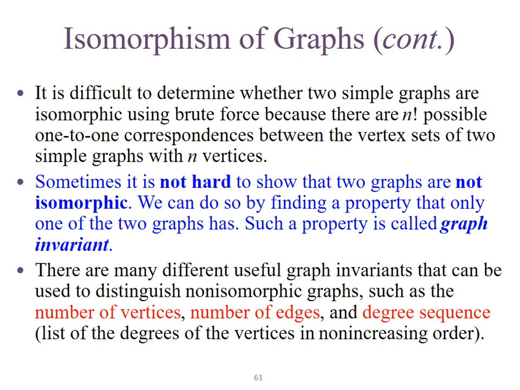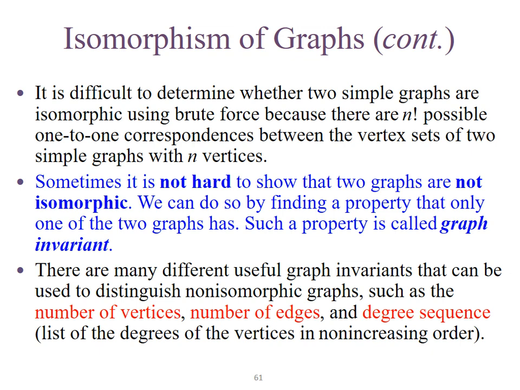Next, I will introduce some simple rules to help us verify whether two graphs are isomorphic. We call this graph invariants. So what is a graph invariant? We already know that we only switch the positions of the pins and rubber bands. So we can check the number of vertices.